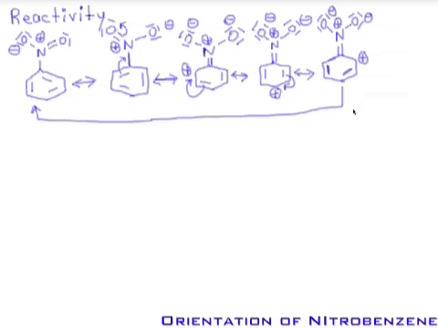If you are required to look at each site of attack individually, you must draw out the resonance stabilized substituted benzenonium ions for ortho, para, and meta attack. So let's start with ortho.